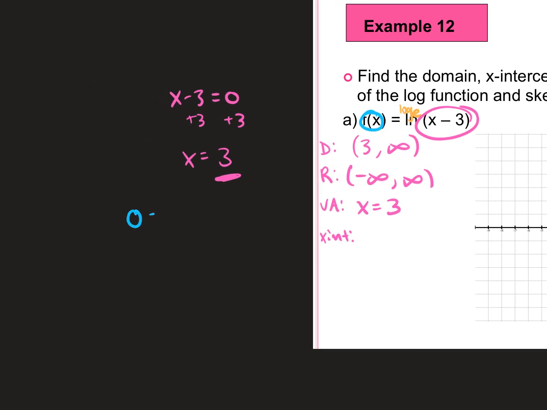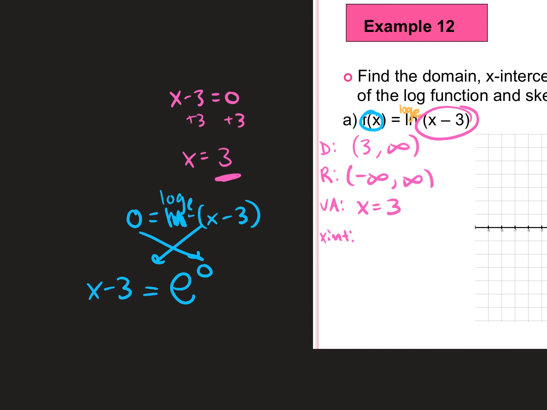So I have 0 is equal to ln of x minus 3. ln is the same thing as saying log base e. So to put this in exponential form, I start with my base, which is e, switch the position of the other two, so e to the power of 0 is equal to x minus 3.